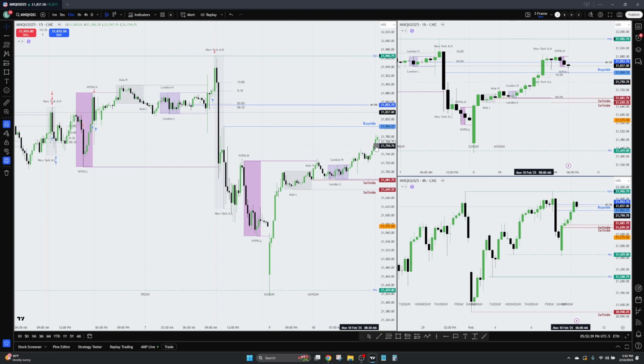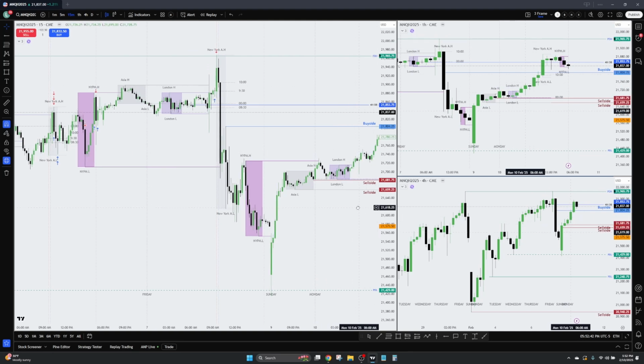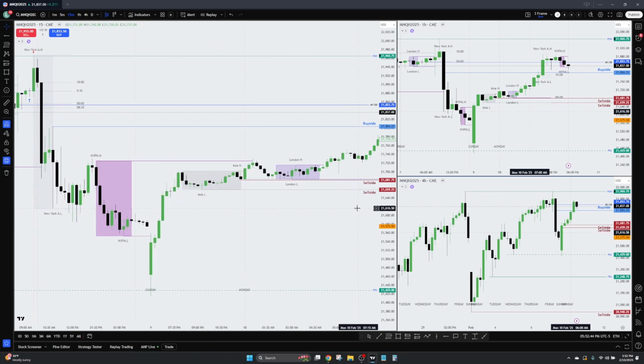So if I'm at the markets here by 8:30, this is what I see. And when I see this, I can see that we haven't swept any of these lows, but this low, we've taken this liquidity here.